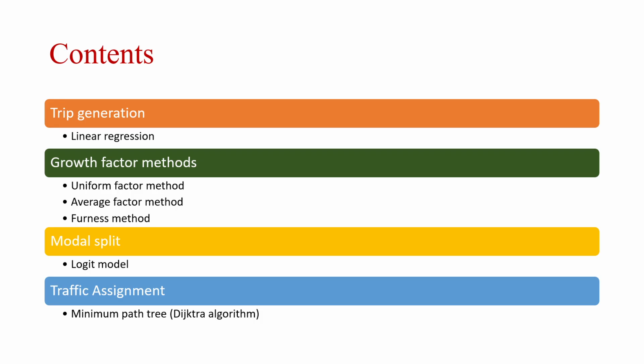And the last type of problems are in traffic assignment, in which we will assign routes for the traffic. After all these steps, we finally reach the traffic assignment step. Without any ado, let's begin the trip generation problems.